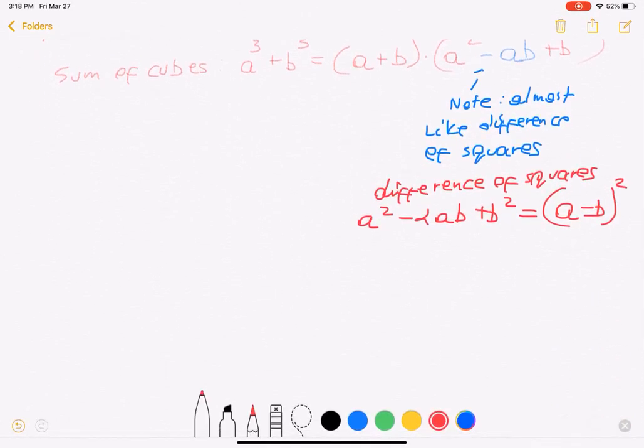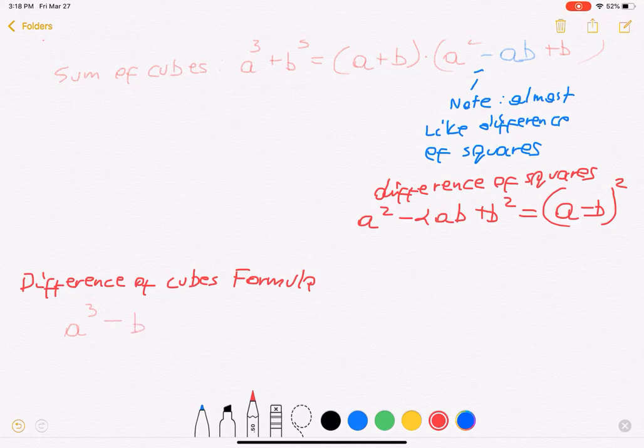Next one is the difference of cubes formula, which will be a to the third power minus b to the third power, and you can factor that as a minus b times parenthesis a squared plus ab plus b squared.